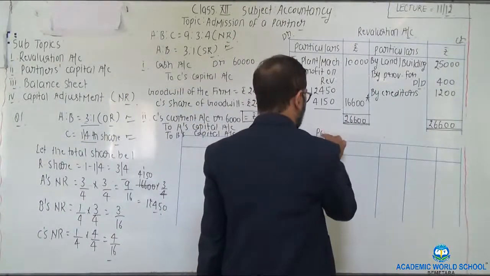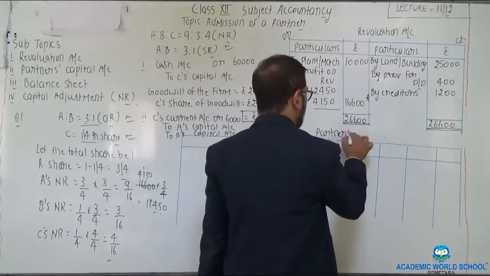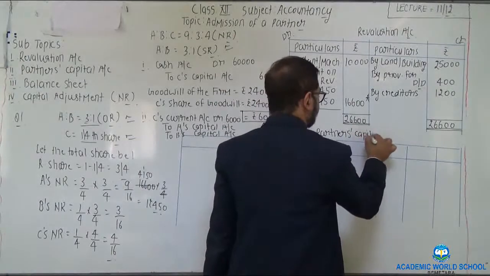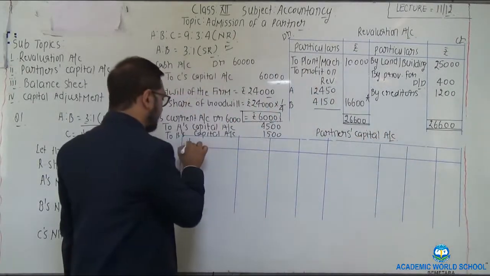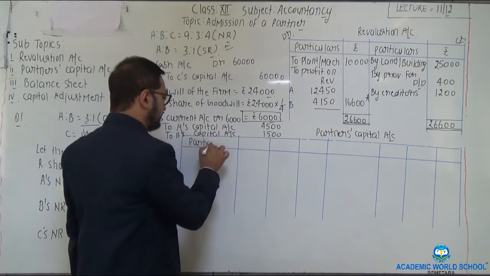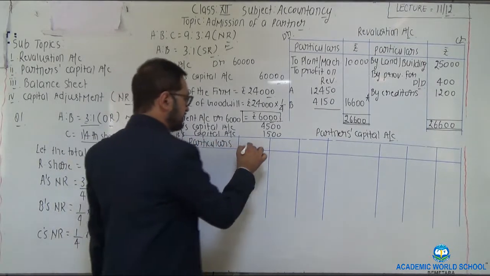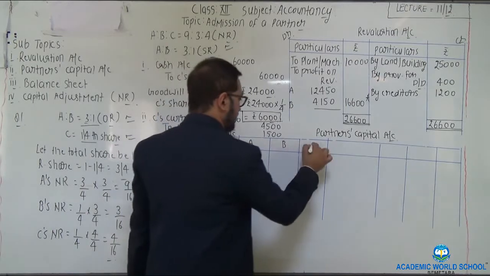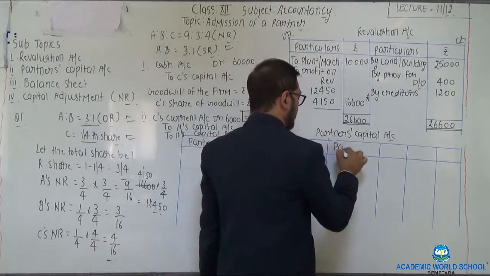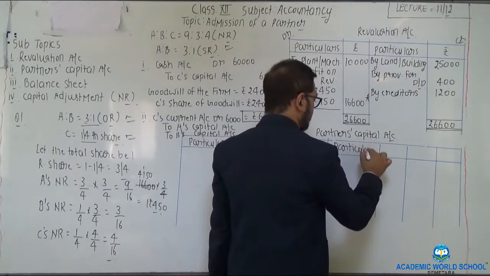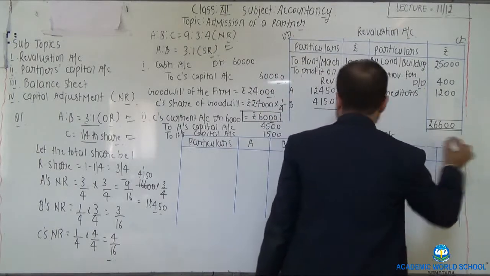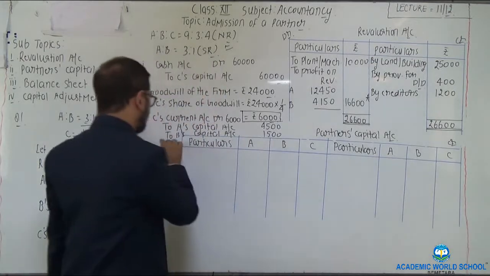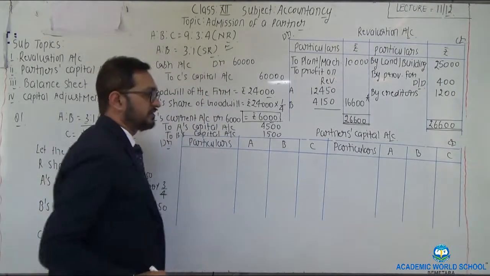After that, we have to prepare the partners capital account. Format again you all know: particulars, A, B, C. This one is the credit side and this one is the debit side.